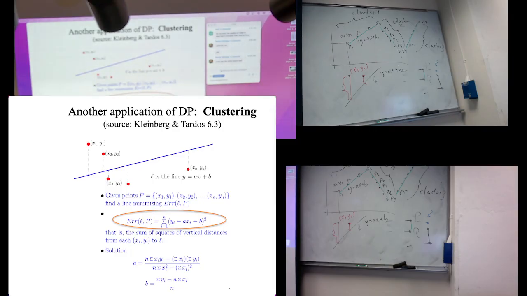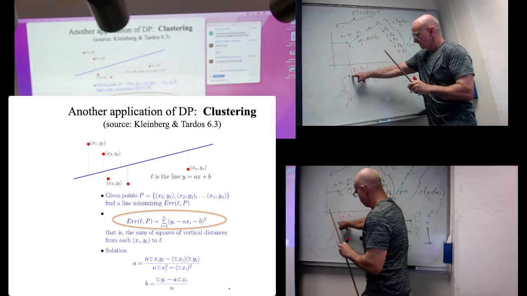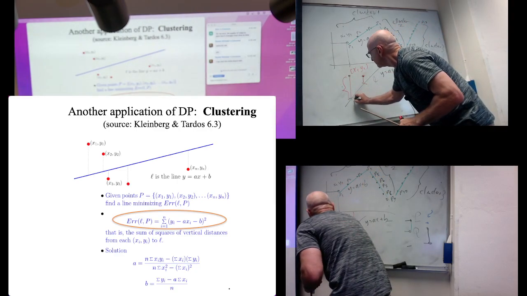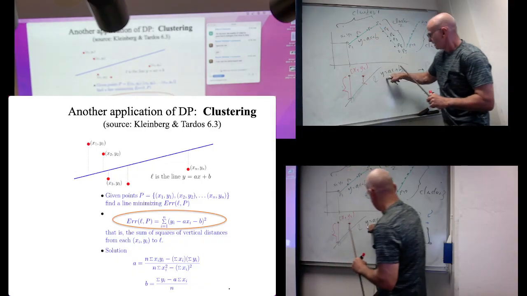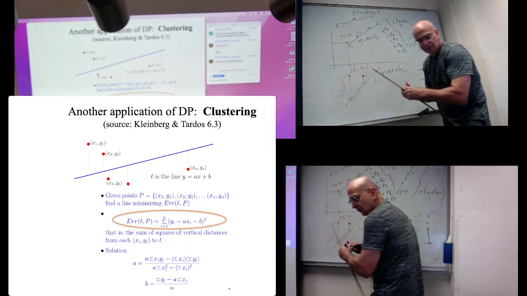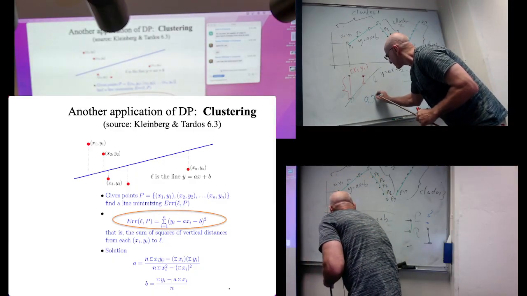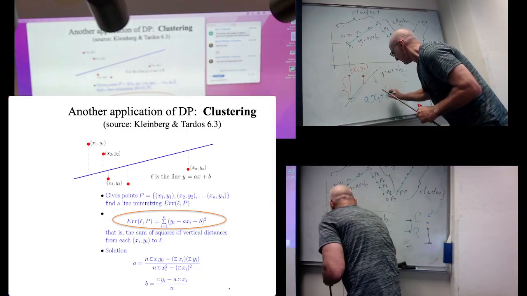But for various reasons, instead of summing up the distances, I'll sum up the squares of these distances. So this expression, what is yi minus axi minus b? Let's look at this point x1, y1. What is the green point over here? If my line is ax plus b, then this green point would be ax1 plus b.